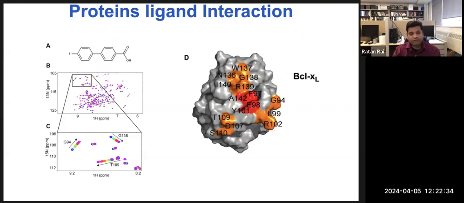We find that there are several portions of the protein which don't move at all, but there are certain regions of the protein that move very significantly. So one thing was clear: the binding is selective, it's not binding everywhere.